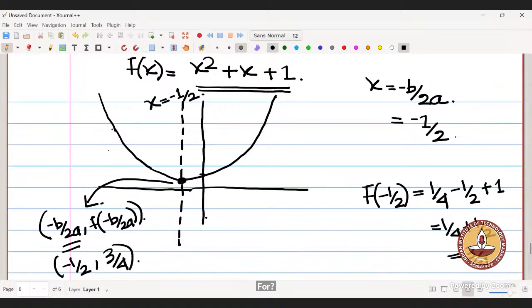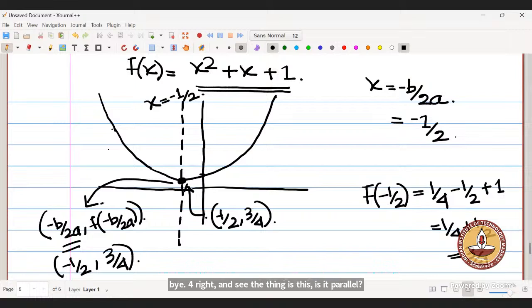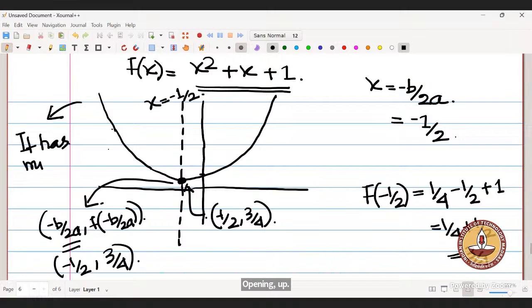Right? So this point is minus half comma 3/4, right? And see, the thing is, this is a parabola opening upward. It has a minimum value, right?